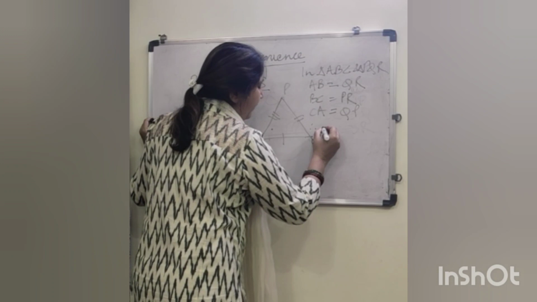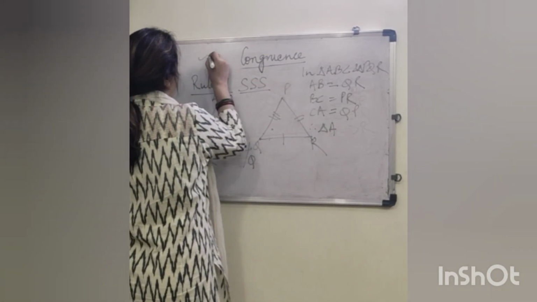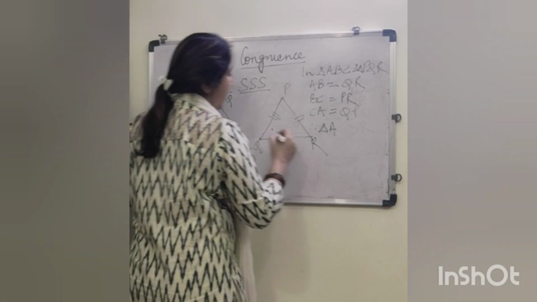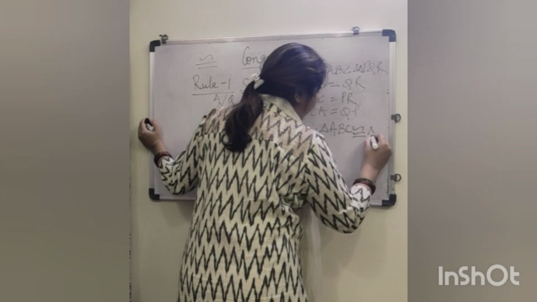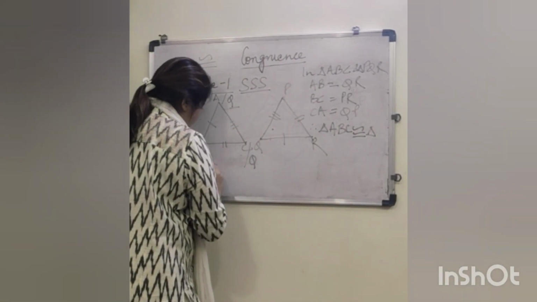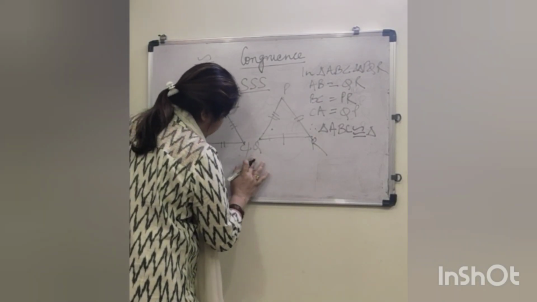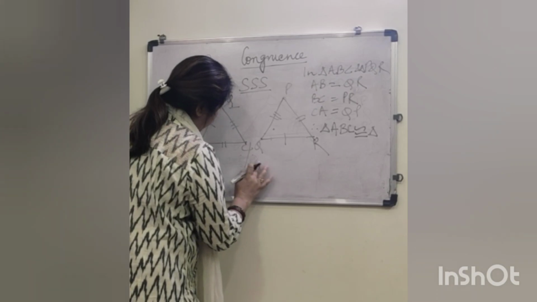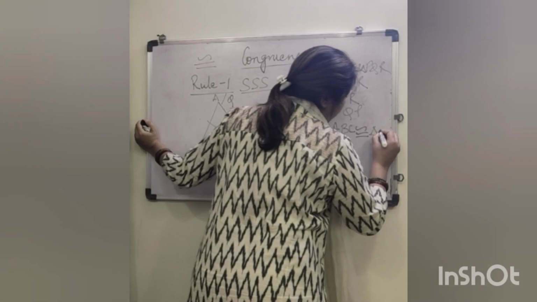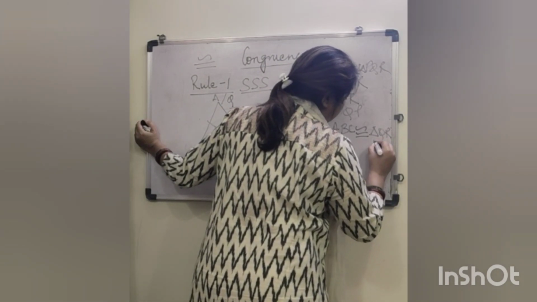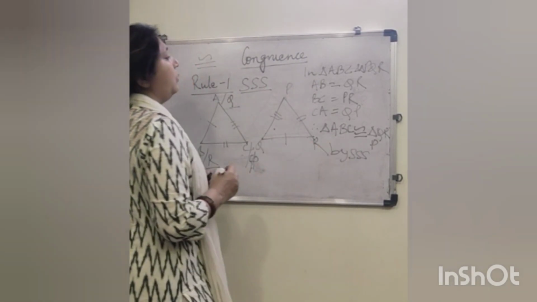So ultimately when you write triangle congruency, this is the symbol of congruency. You will write triangle ABC congruent to triangle QRP by SSS rule.